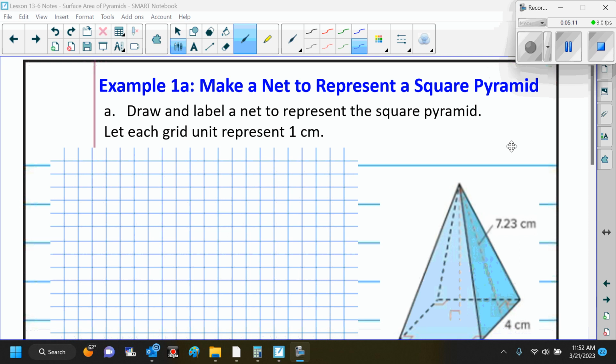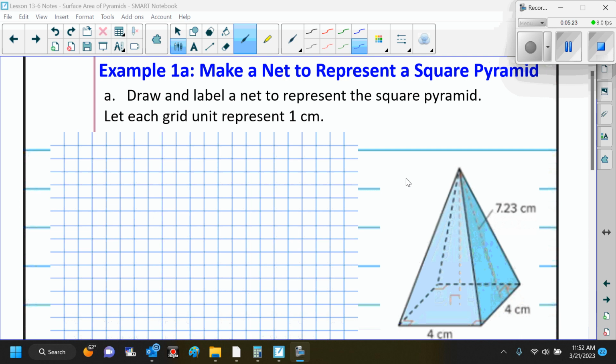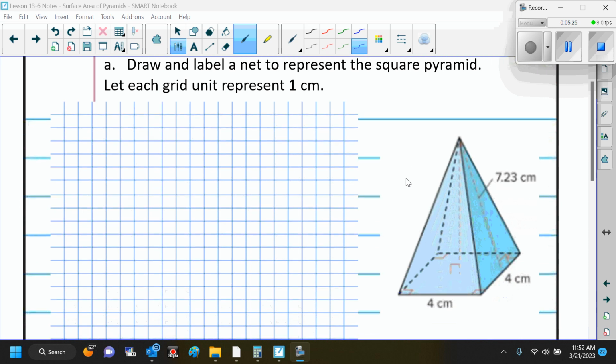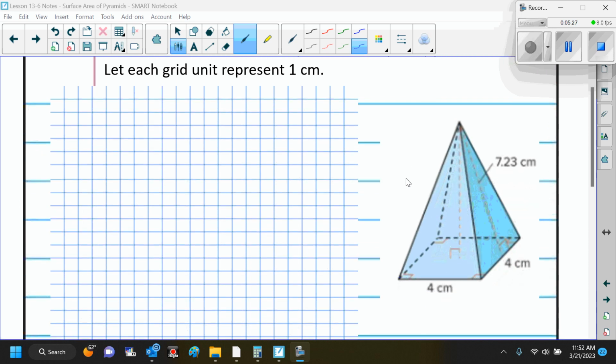All right, so example 1A is to make a net to represent the square pyramid. We want to draw and label a net to represent this square pyramid, and we want to let each grid unit represent 1 centimeter. When you look at the picture, first thing you want to do is say, what are my shapes?